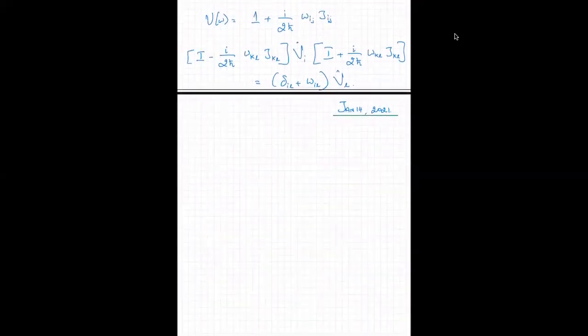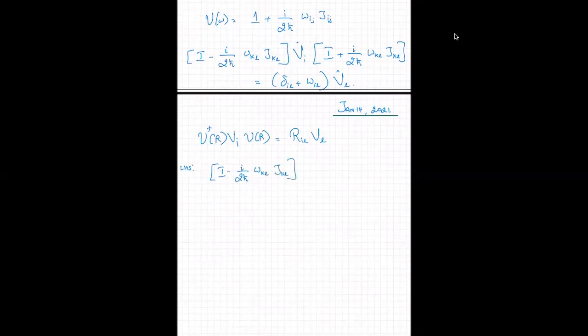All right. So let us start with this equation. I'll rewrite it: U dagger(R) V_i U(R) equals R_il V_l. Let us evaluate the left-hand side and right-hand side separately. The left-hand side of this equation, as I have just written in the line above, is I minus omega_kl J_kl.